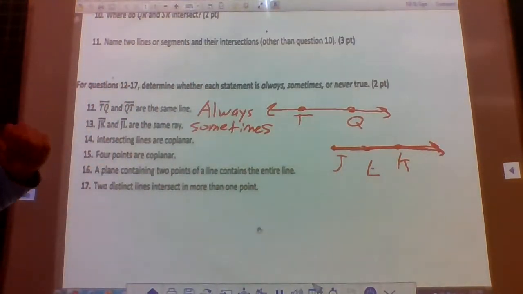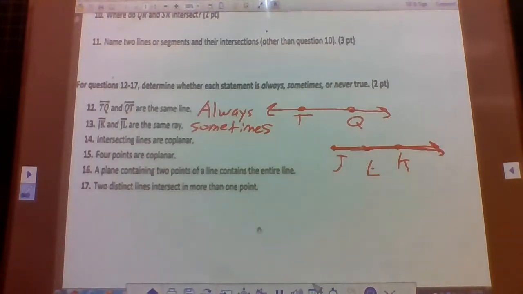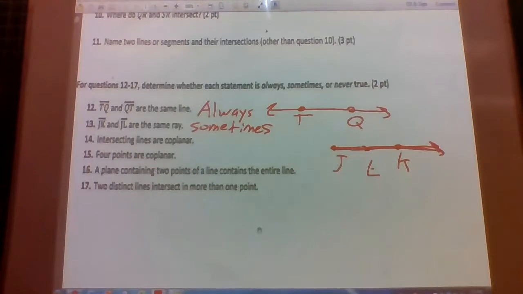Intersecting lines are coplanar. Let's think about that. I think that's always true. Let's think if we can think of a scenario where it's not.